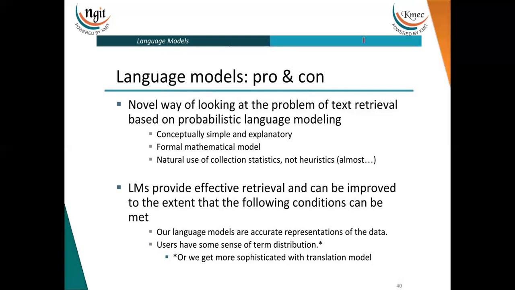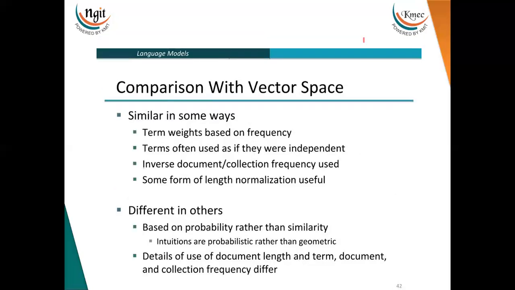The next thing is language models are an accurate representation of the data, because generally a user will pose a query using natural language, and the language model best represents your natural language. How the terms are distributed, and how the weightage should be given to a particular document based on that term, is decided by this language model only.